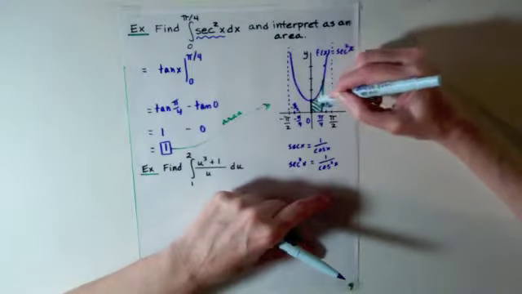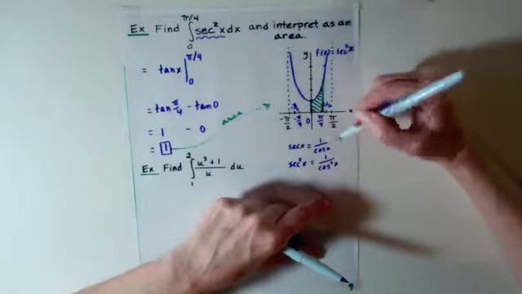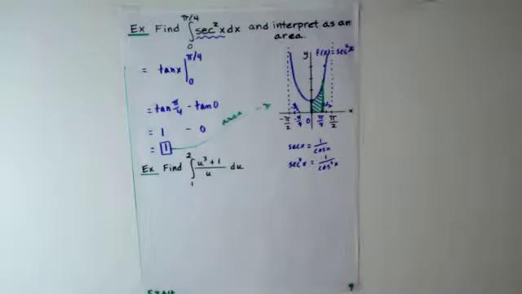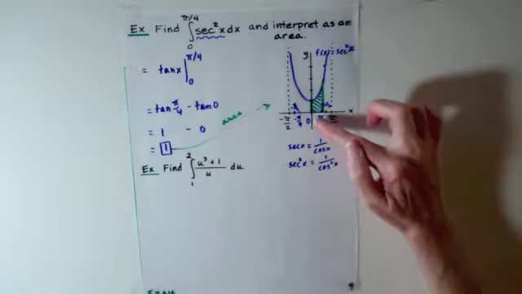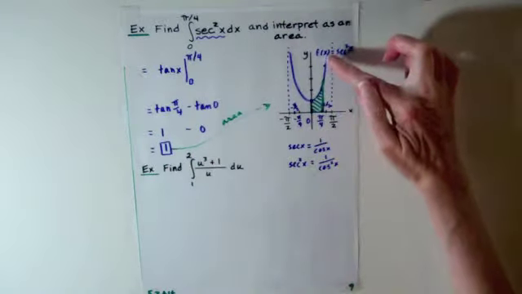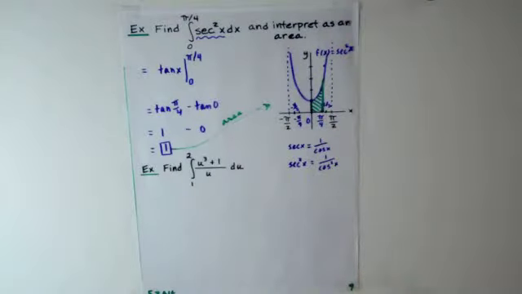So it was this green shaded area. It's not a very perfect graph. So we can interpret this as the area under the secant squared graph from 0 to pi over 4. This green shaded area turns out to be exactly equal to 1.